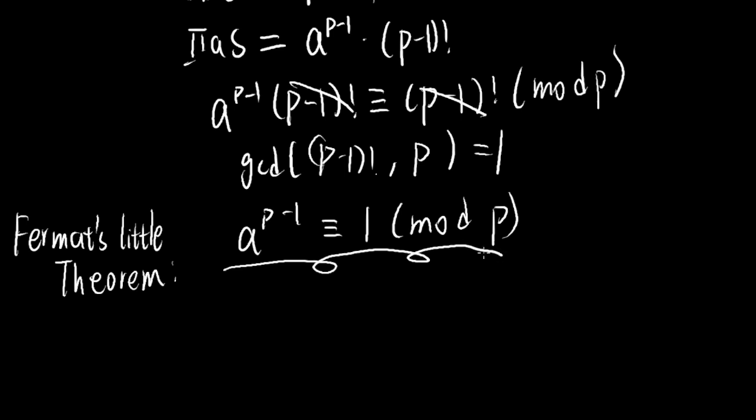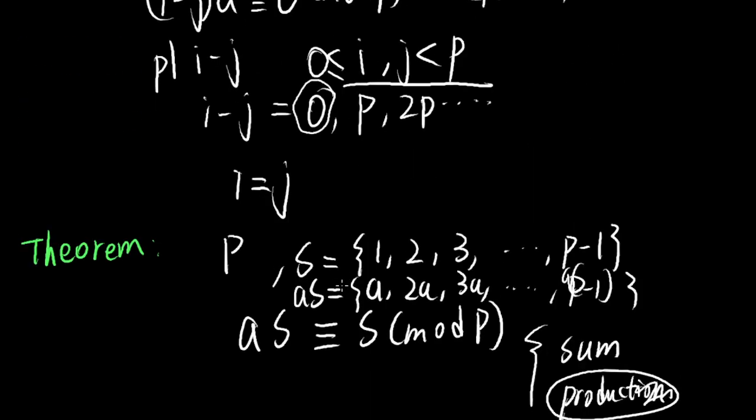And now we can also observe the previous set S. We see that for any a, a can be any integer.